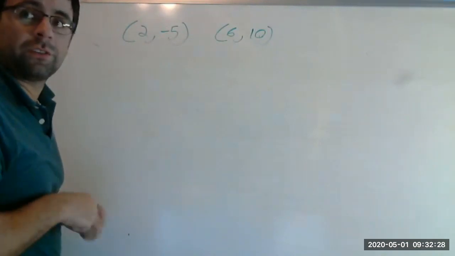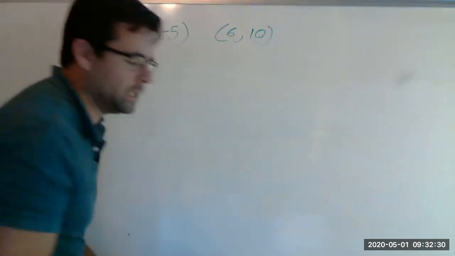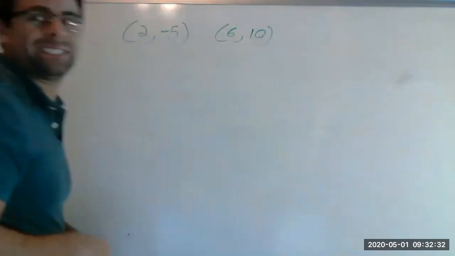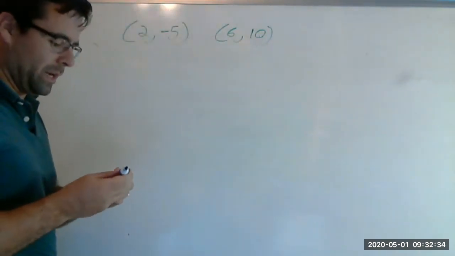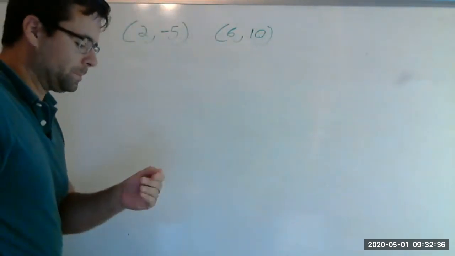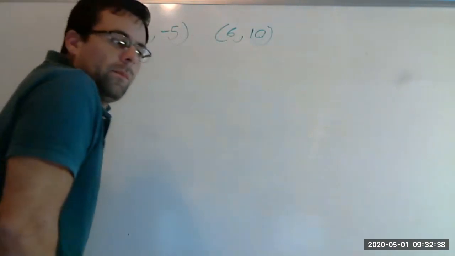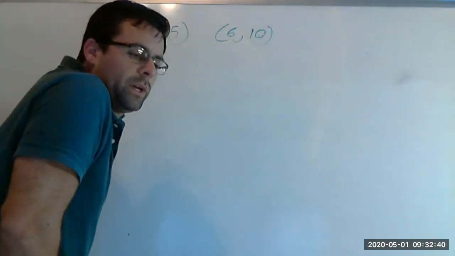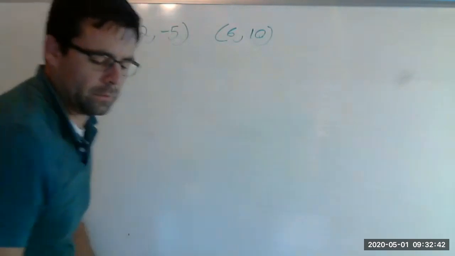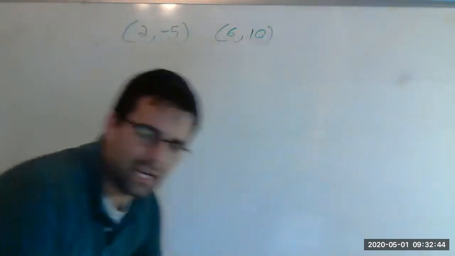So I want you to find the equation for the line that intersects these 2 points. So what is the general form for the equation of a line?